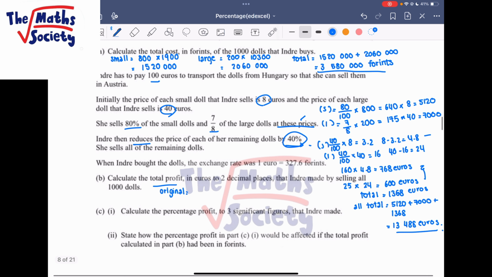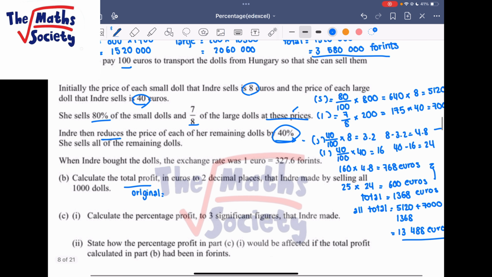So we just need to divide it first. So that was 3,580,000. It was 1 euro equal to 327.6 forints. So that means in euros she made 10,927.96 euros. So that was how much she made.